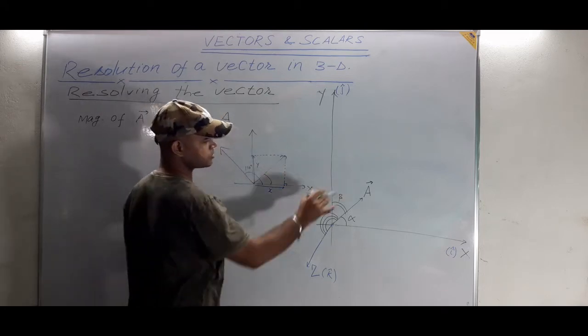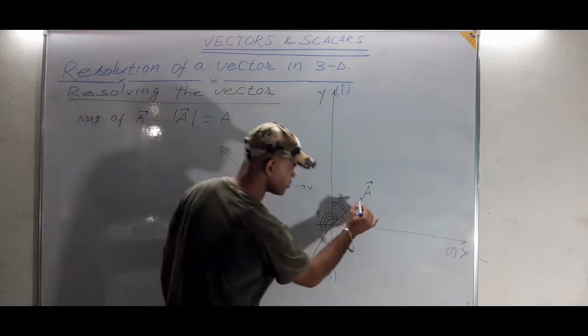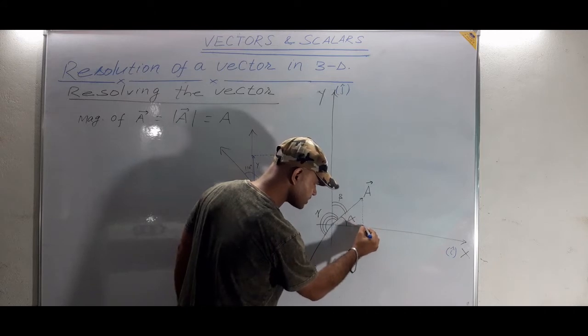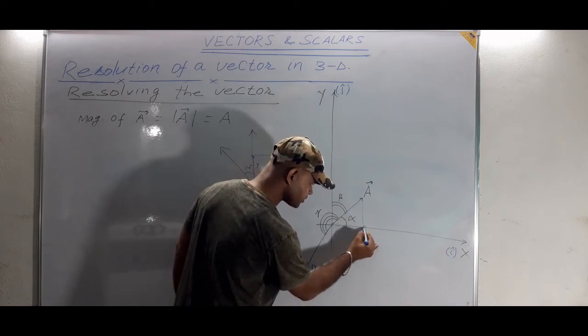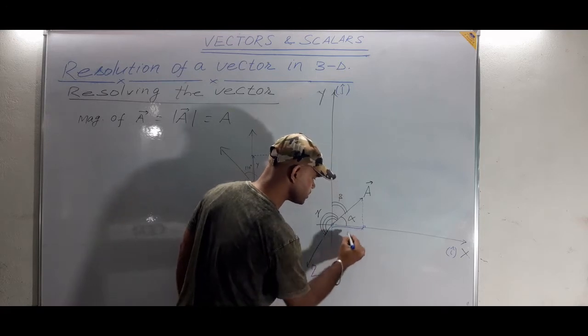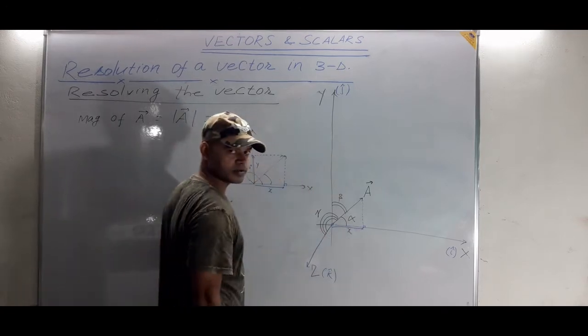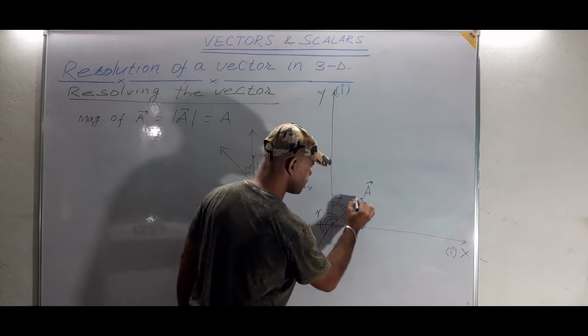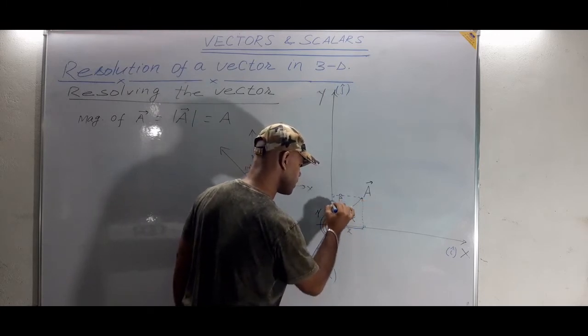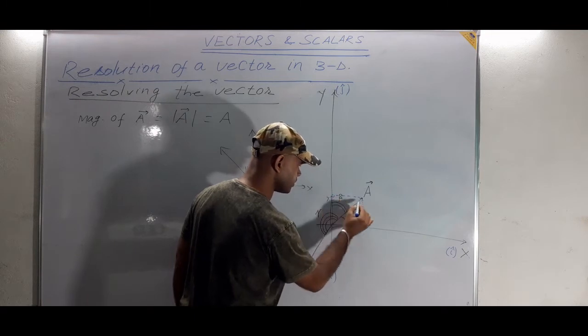The same process you have to do here. Drop a perpendicular from the head of the arrow on the x-axis, and measure the distance from the origin till the point of intersection. This will be called the x component. Similarly, drop the perpendicular from the head of the vector on the y-axis. This will be called the y component.